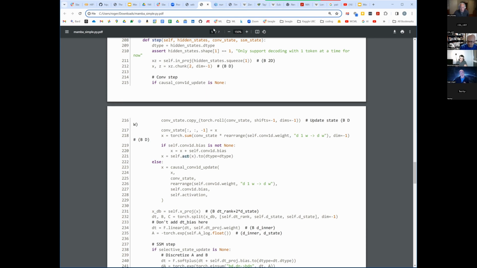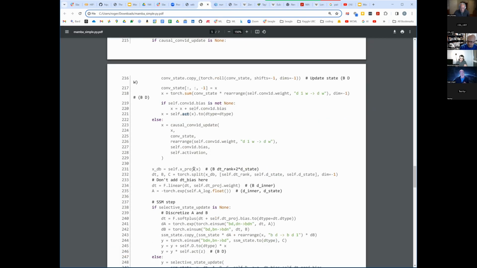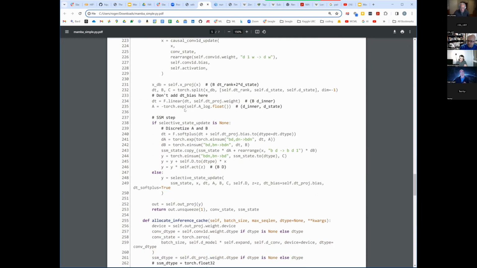There's the activation that you see. That's after the convolution that stretches out both sides, and then the output comes through this nonlinearity, SiLU.